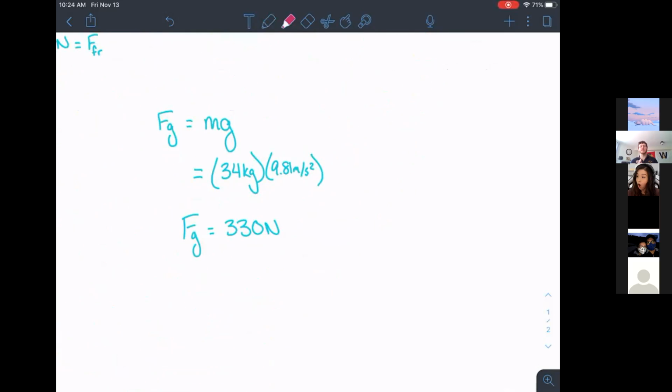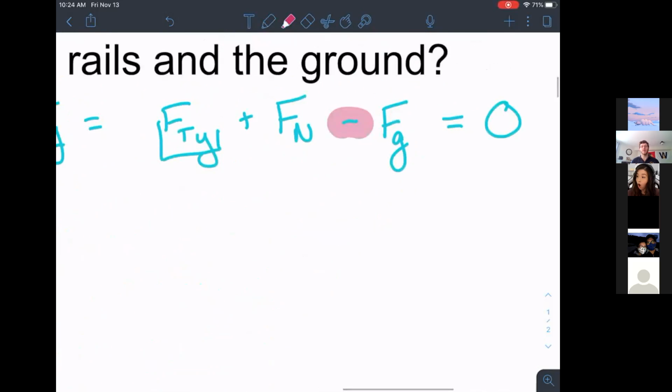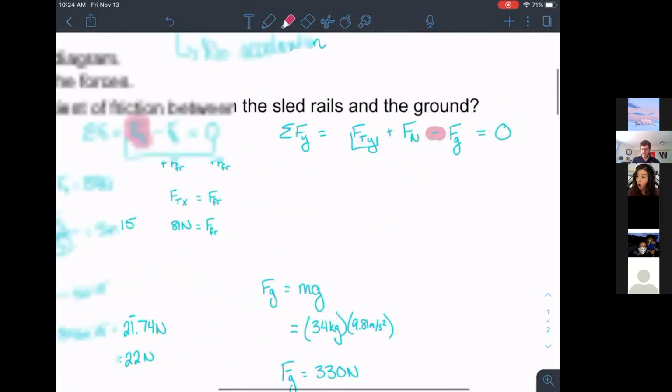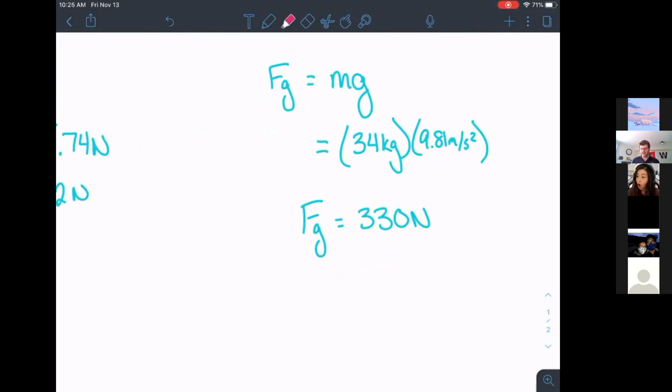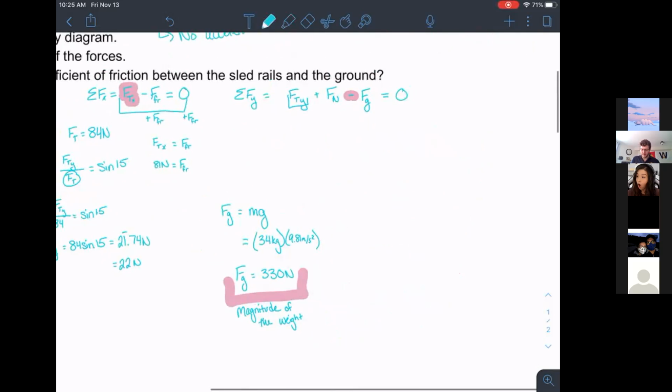So it's either you include your negatives in your accelerations because they're negative accelerations or telling us that direction, or you include the negative in your original equation and then you don't have to worry about your negatives in your values. So this is just our magnitude of the weight, not the direction. The direction is already up here.